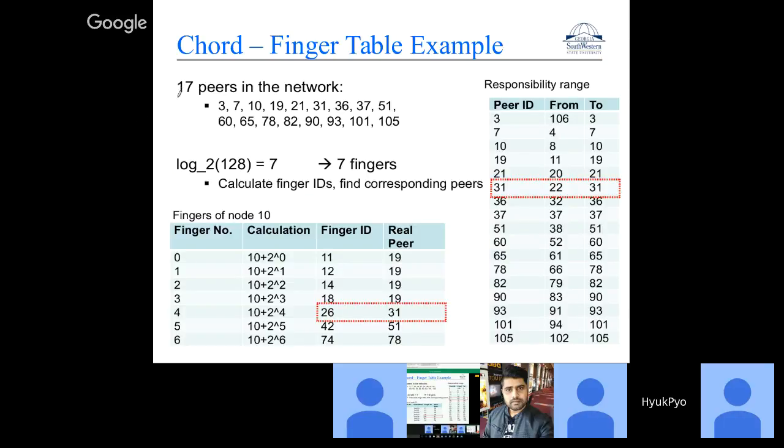If there are 17 peers in the network like this, and each finger table has 7 labels. The formula to make finger table locations, for example for node 10, is 10 plus 2 to the 0, 2 to the 1, until 2 to the 6.